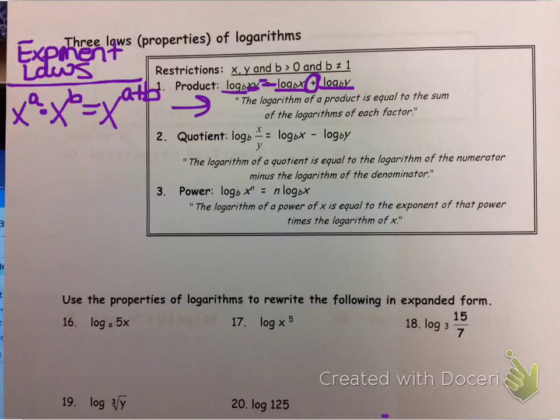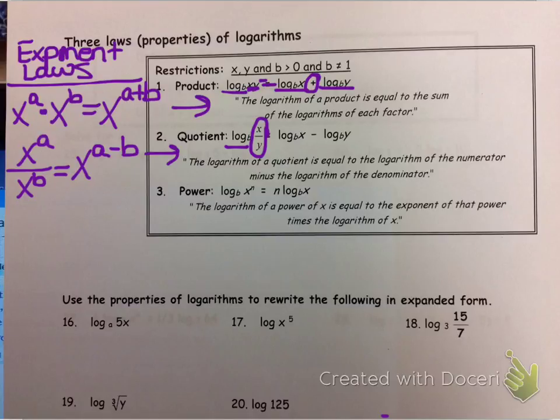That means by default, though, the second law, that when you divide two things that have the same base, their exponents will subtract. So that's what this second law of log says. Here we've got a quotient of two things. That quotient is inside of a log, so we are attempting to find the exponent for that quotient.